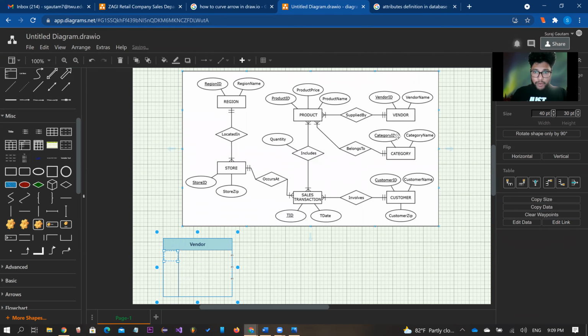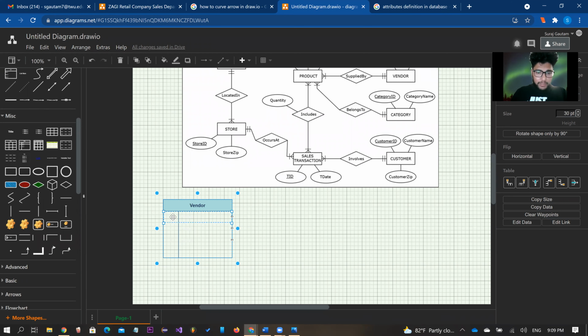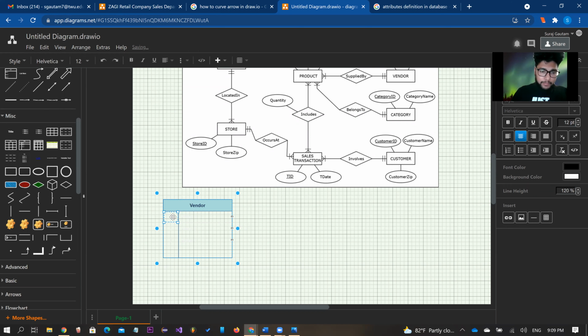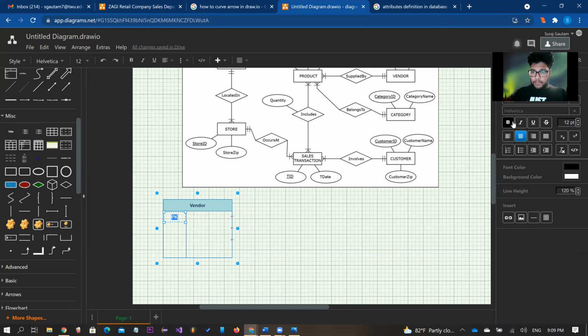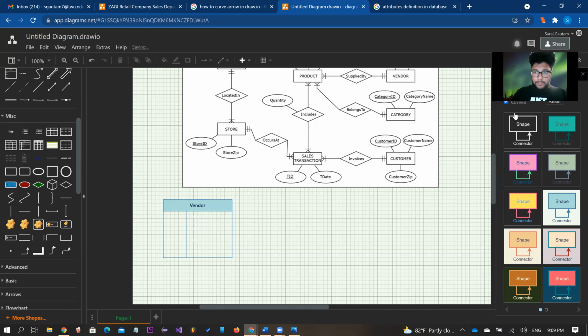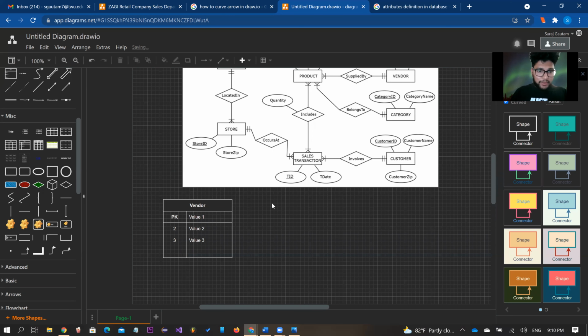For the vendor, we have the primary key, which is vendor ID. So on this side, left-hand side. We have to work on the black and white.